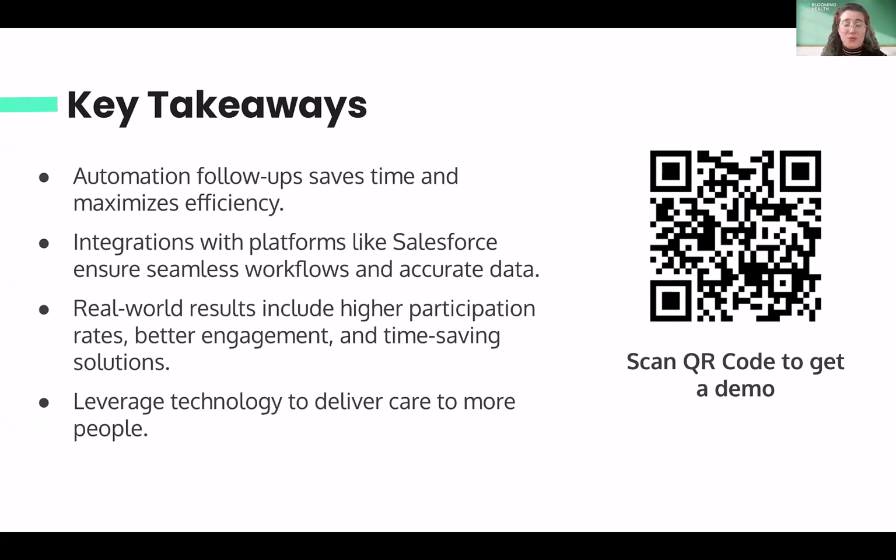We're eliminating manual work so that you can spend more time on the individual human interactions and reaching people on that human level by covering the things at scale. We integrate with platforms like Salesforce to create seamless workflows, reducing the burden to your team and ensuring accurate data. And all of this leads to higher participation rates, better engagement, and more time for your staff to focus on what really matters.